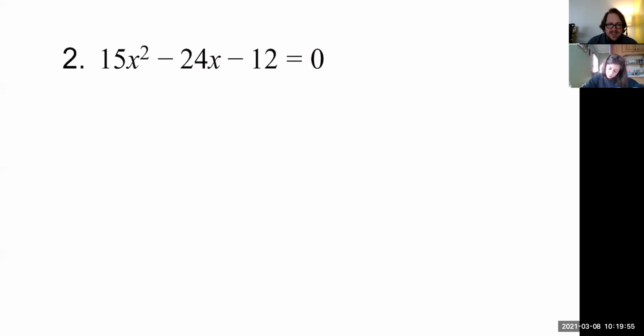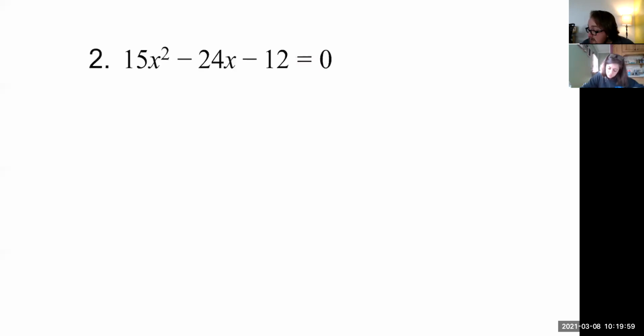Anytime we're factoring, what do we always check for first? Greatest common factor. Is there a greatest common factor here? Yes. Well, 1, yes, but there's actually a larger one, 3. Good job. We could take out a 3 from each of these 3 terms on the left.